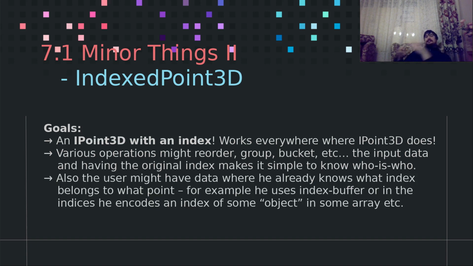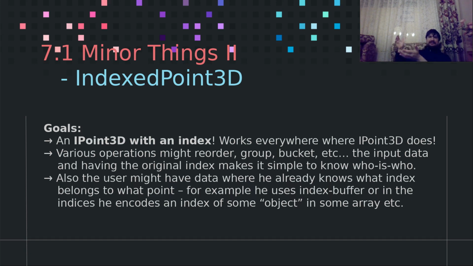Another use case: maybe you already have an index. For example, you have an array of points, but you know that this point came from an object in this array with this index, and you just store that. You already know the information, you just want to, again, correspond it back. Who had this point? Or maybe it's an index buffer on a lower level, like indexed rendering.